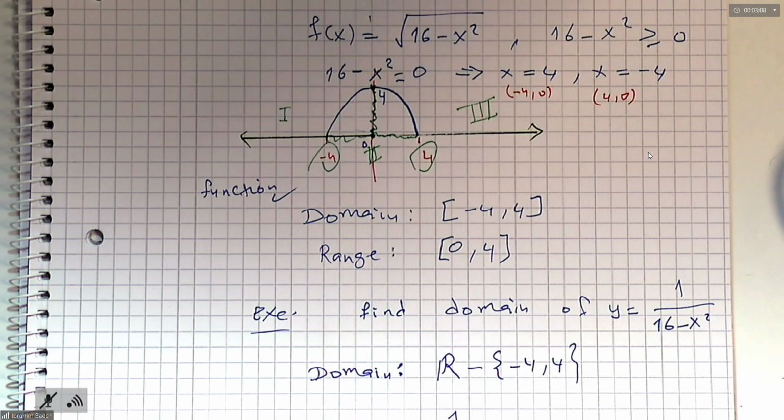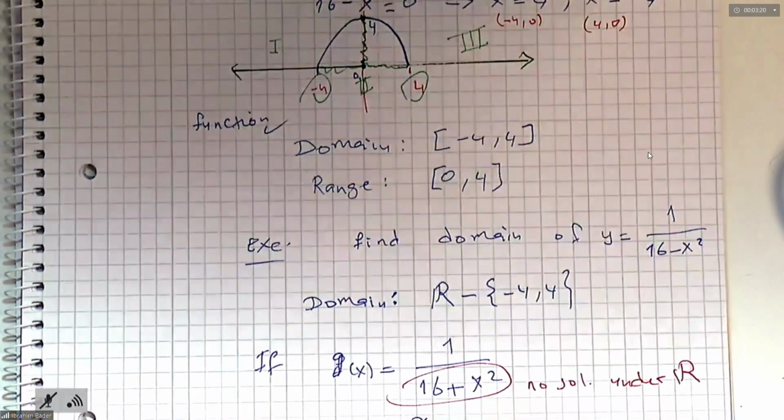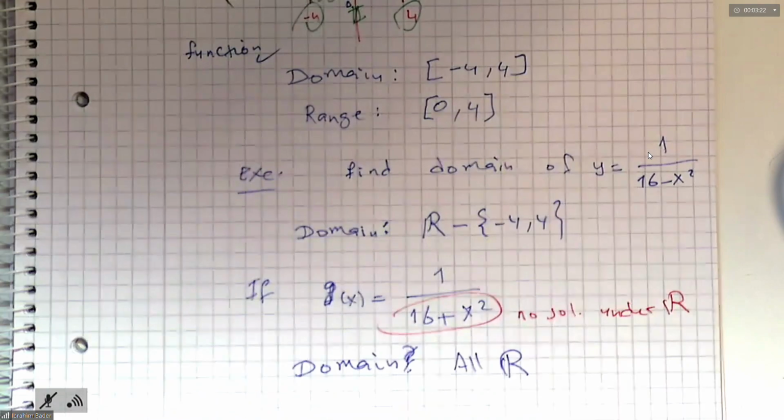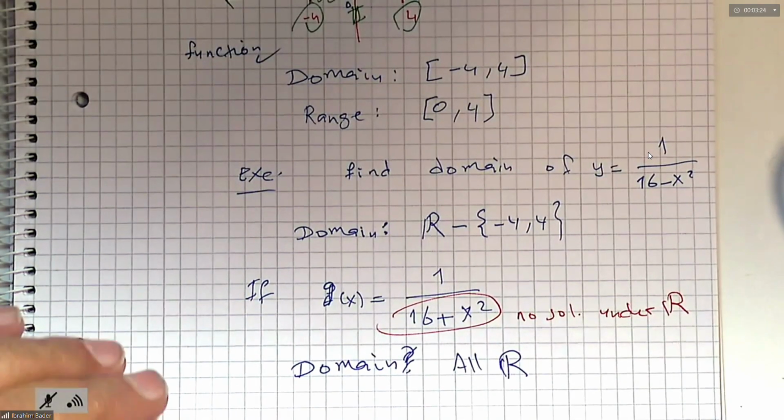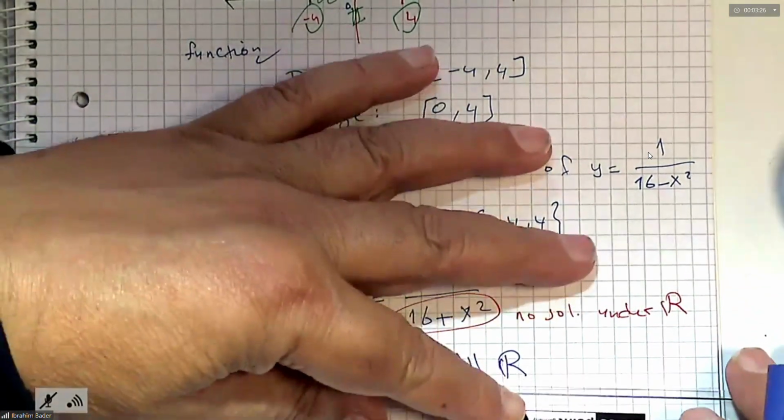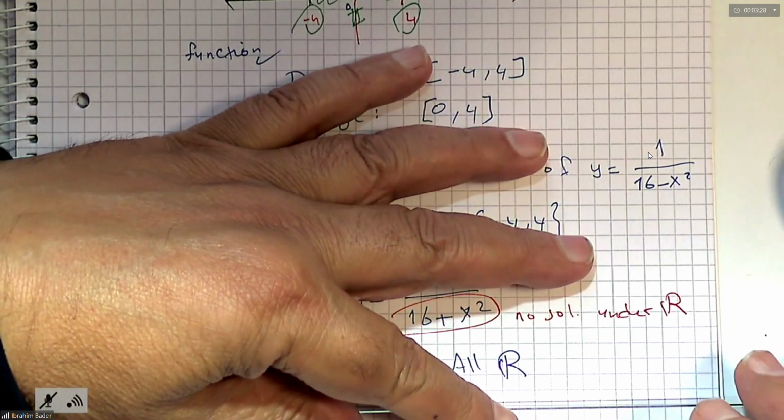We will talk about it in the next semester. Continuity means you can take a test point, and whatever applies for the test point will apply for the whole interval.